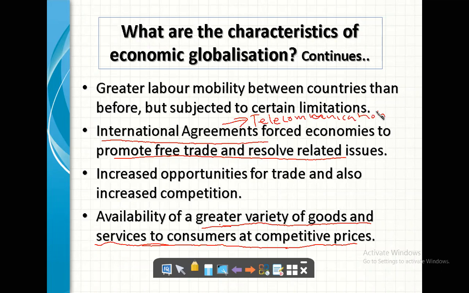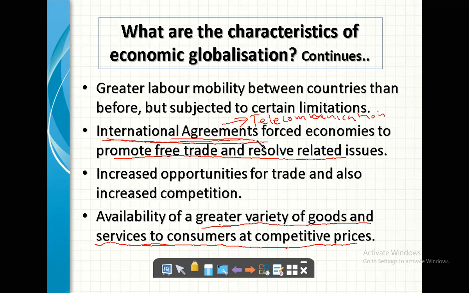In doing that, we have to also sign an international agreement to allow for our calls to go and terminate where we want them to. So that's in telecommunication. But in other sectors or other areas of international trade, they also need international agreements.